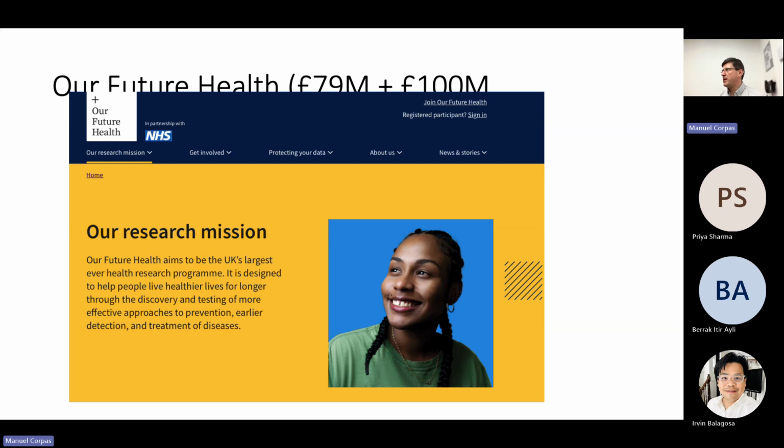They're implementing, for instance, models that help predict your genetic risk for diseases, and if they find something, they will contact you. So the UK Biobank is more on the current epidemiological understanding. Our Future Health is more on preventative medicine.